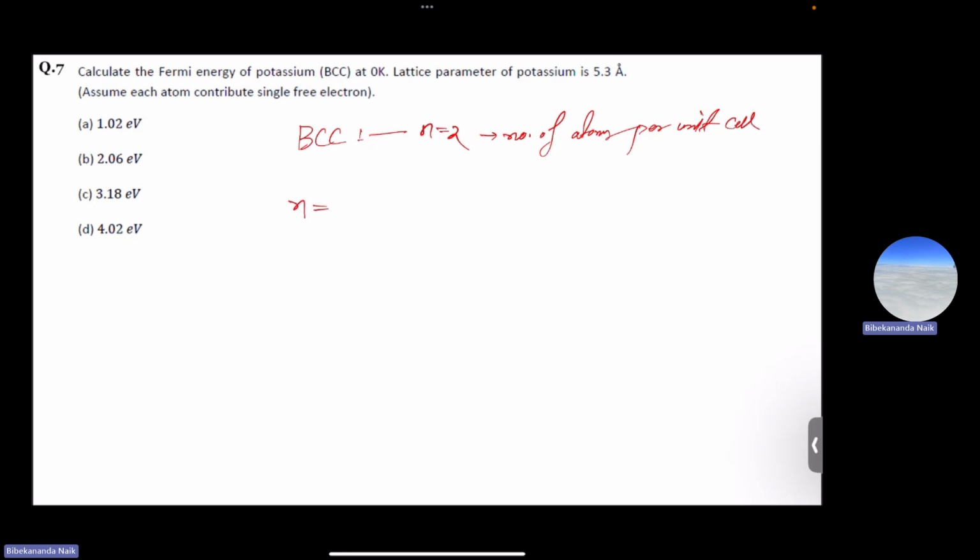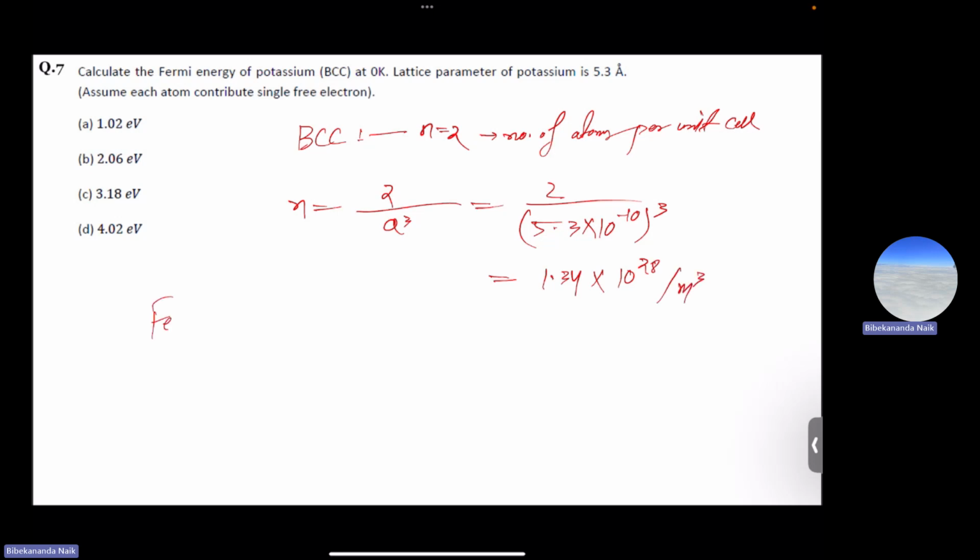So the number density will be 2 by a cube, that is 2 by (5.3 into 10 to the power minus 10) cube. It will be 1.34 into 10 to the power 28 per meter cube.